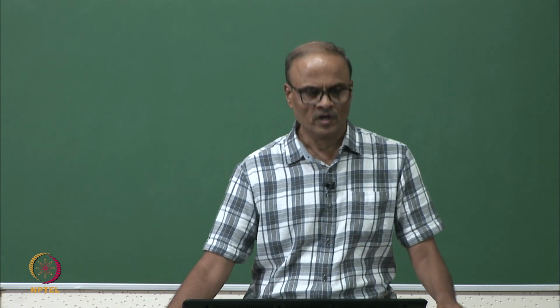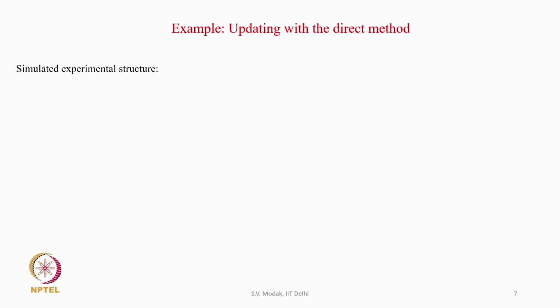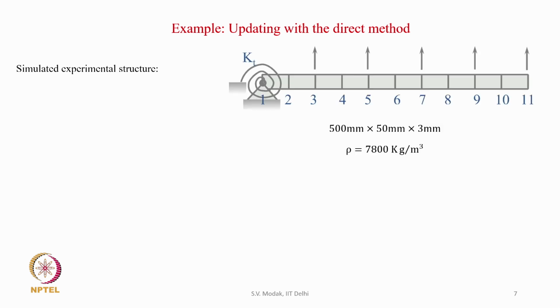So, let us look first at the simulated structure from which the experimental data is generated. You can see a cantilever beam modeled using beam elements with 2 degrees of freedom at each node, one translational and one rotational degree of freedom. There are 10 beam elements, and this is the experimental model of the cantilever structure.